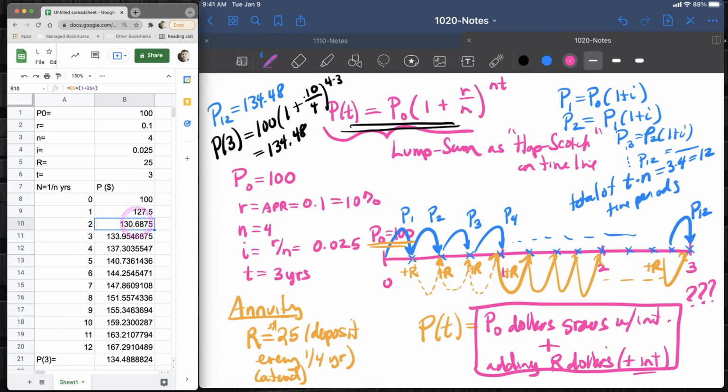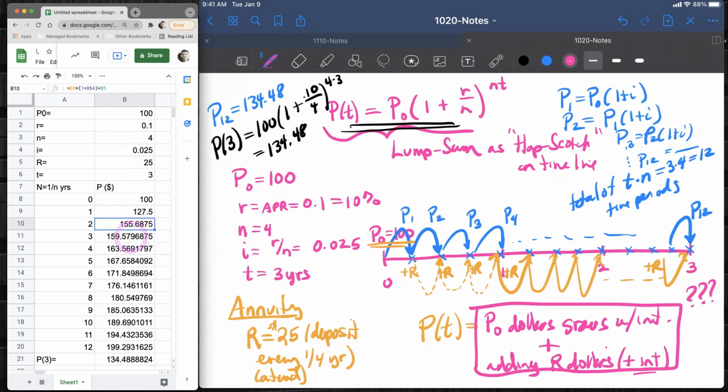Now let's look at this quantity, right? What we're going to have is after we made our deposit, this amount of money is going to grow with interest. But then after it's done growing with interest, we are going to add in the $25 again. Okay? Are you seeing the pattern here, how this is working? Okay?